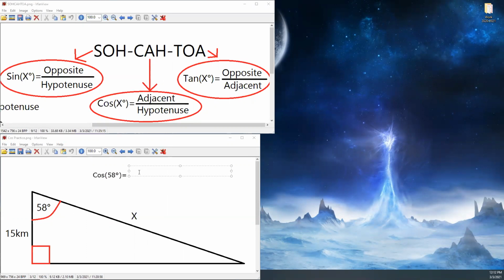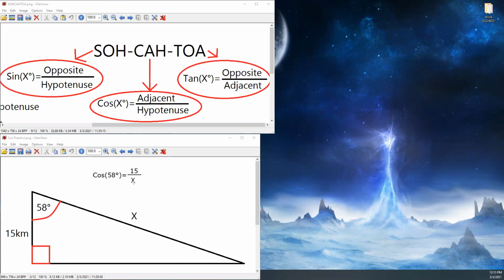Adjacent is 15, hypotenuse is x. There's our equation. So we could do the algebra, right? We could multiply both sides by x, then divide both sides by the cosine of 58, and finish it all off.